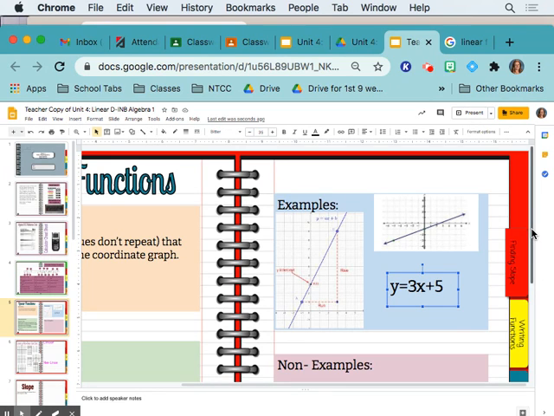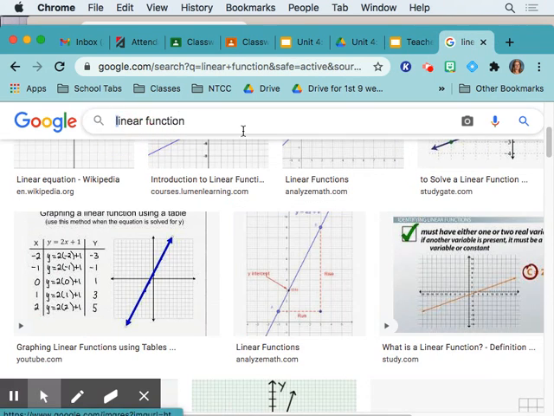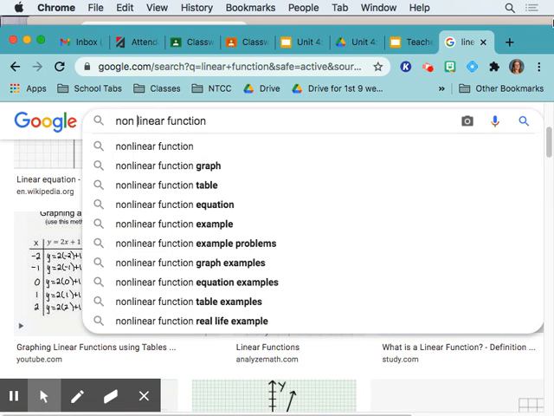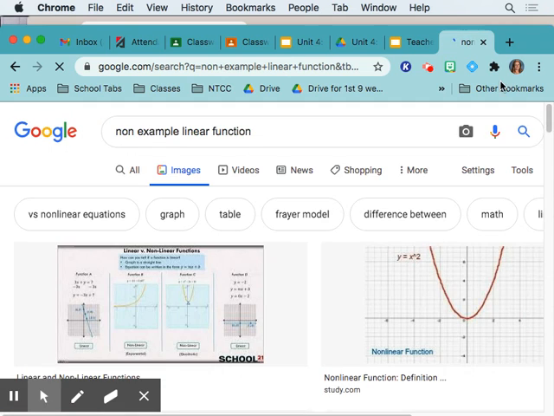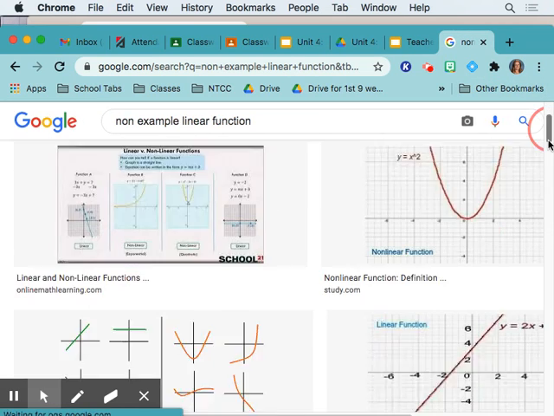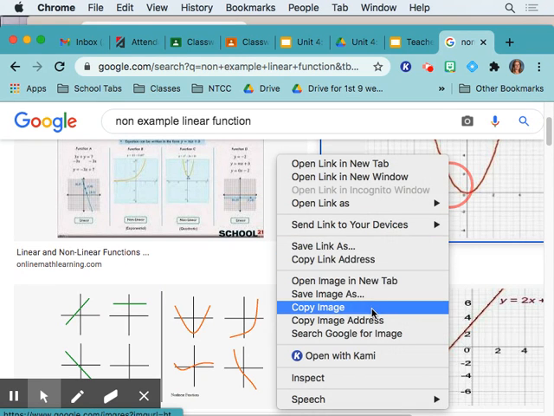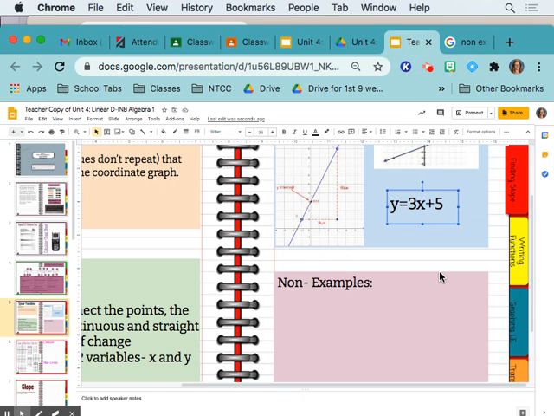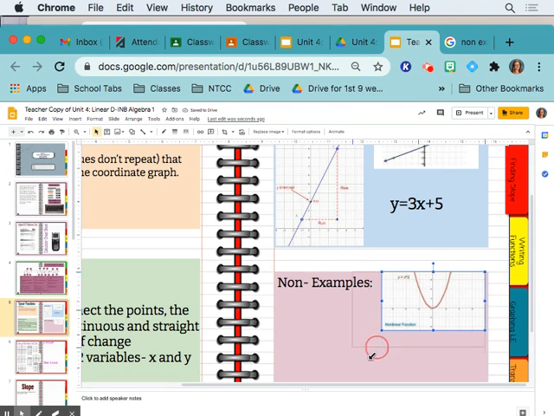Okay, so let's find some non-examples. Wonder if I can just put non-example. That's a non-linear, right? I'm going to copy that. That's actually quadratic.